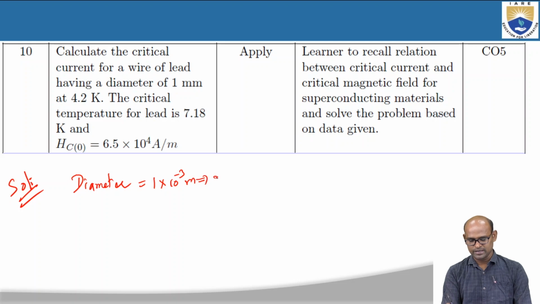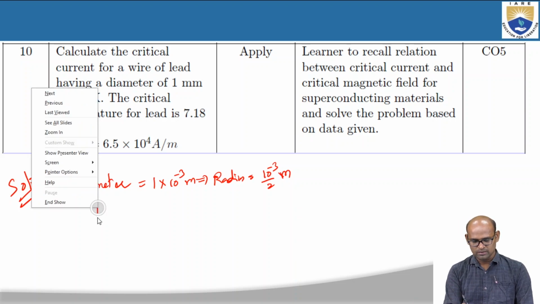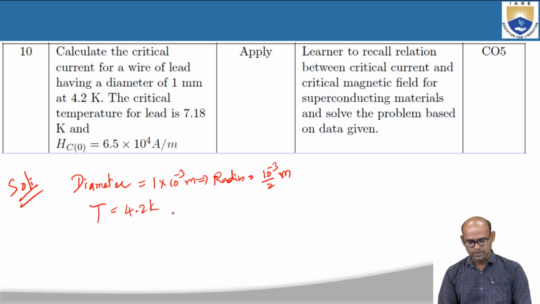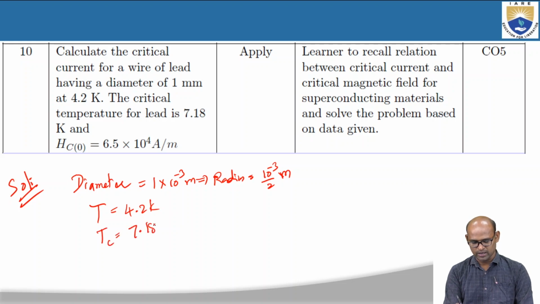The radius is 10 power minus 3 by 2 in meters. The temperature is 4.2 Kelvin, Tc is 7.18 Kelvin, and Hc of 0 is 6.5 into 10 power 4 amperes per meter.